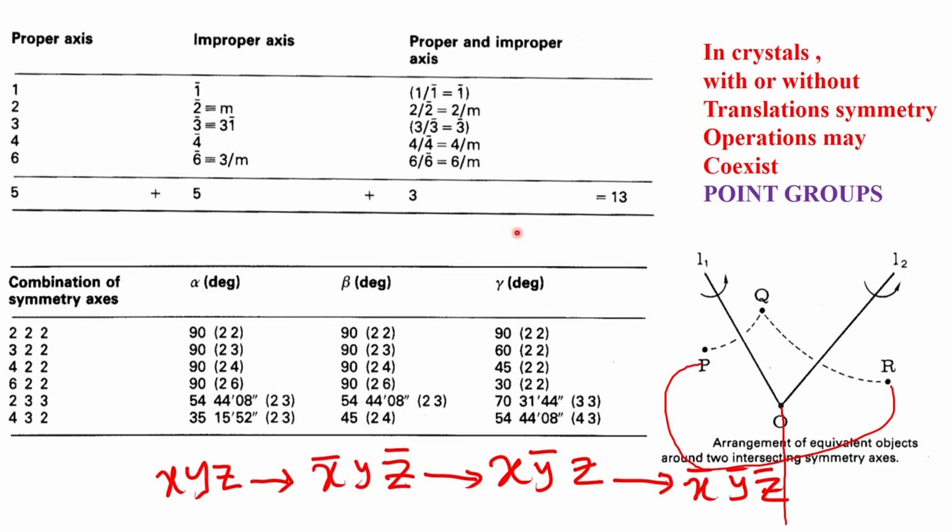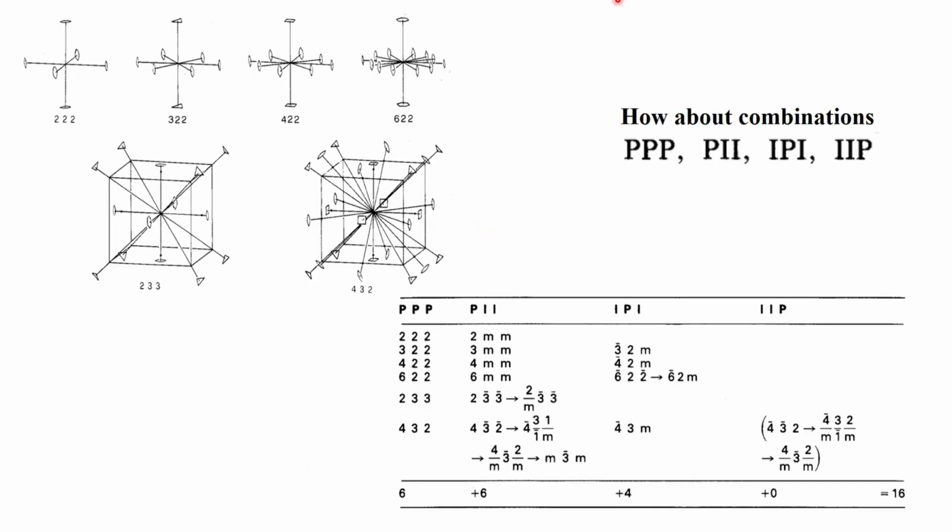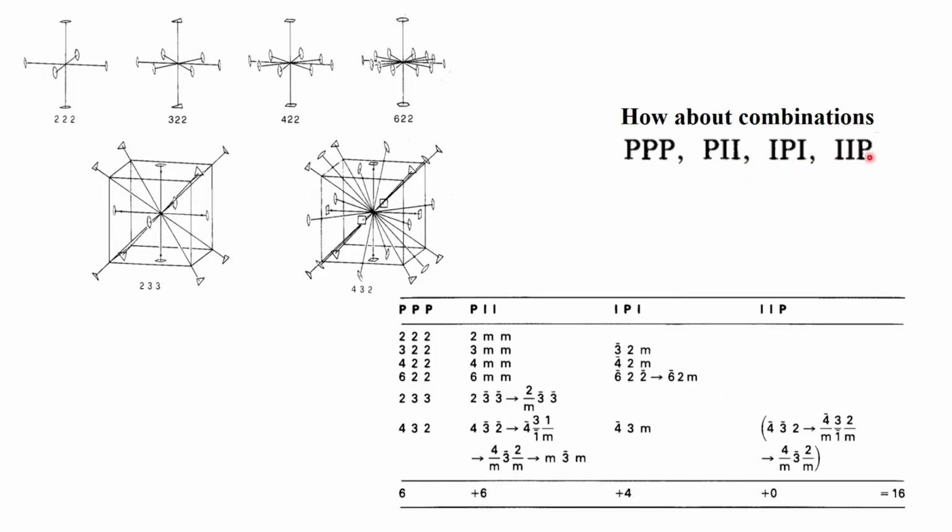So the combinations get restrained to PII, IPI and IIP. So 4 possibilities are there: PPP, PII, IPI and IIP, and these combinations are illustrated below.